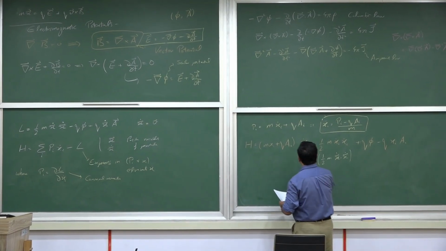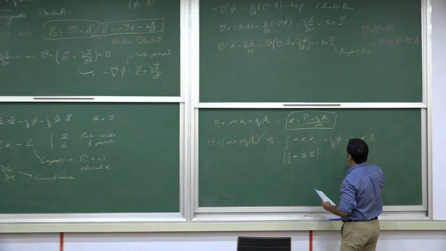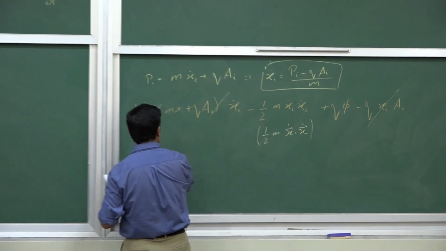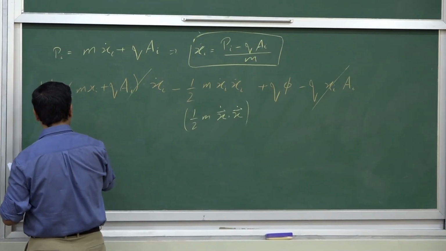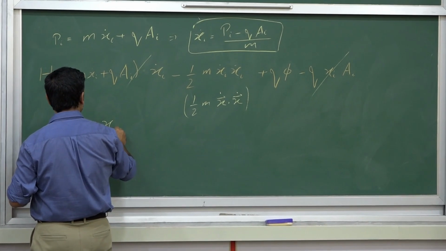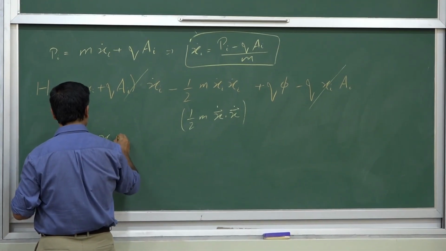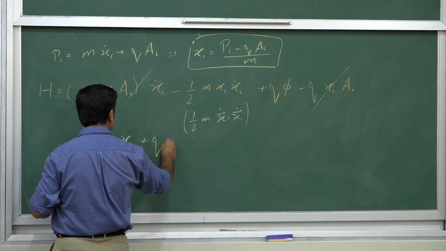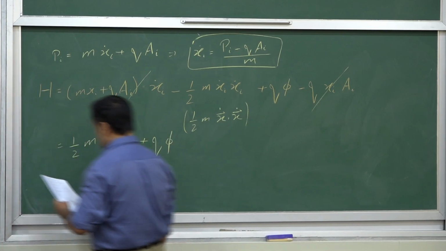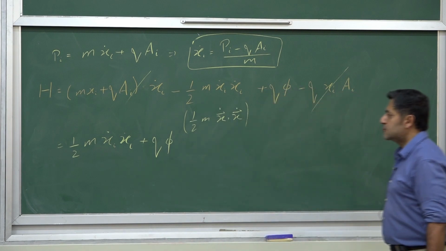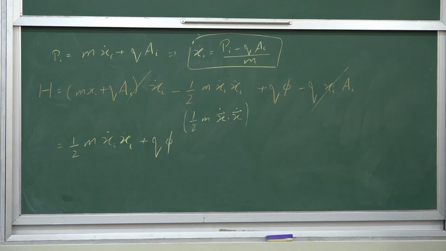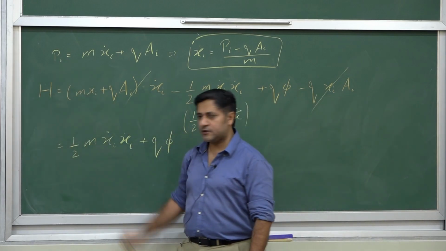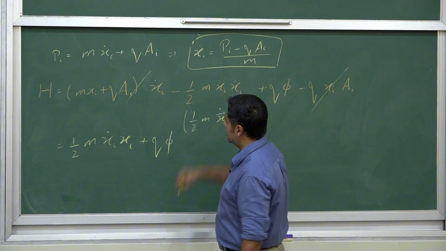So what I see is that these terms cancel, and I get a half of this subtracted away from this. So a very simple Hamiltonian appears, but I have to have the Hamiltonian written in terms of the momentum, not in terms of the velocity. So I have to replace this.